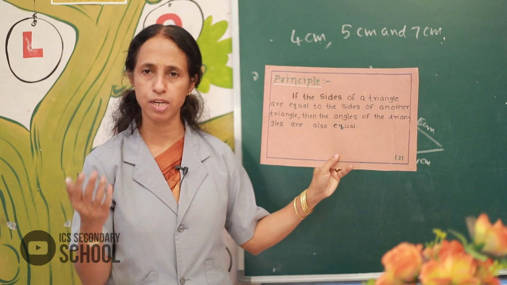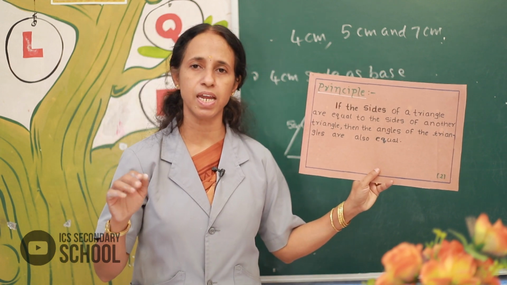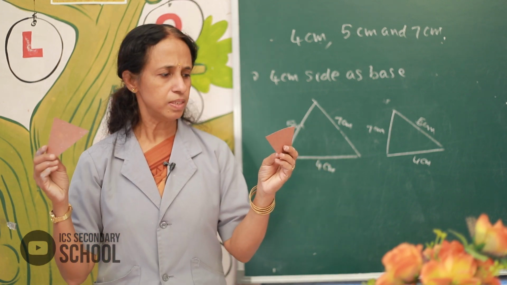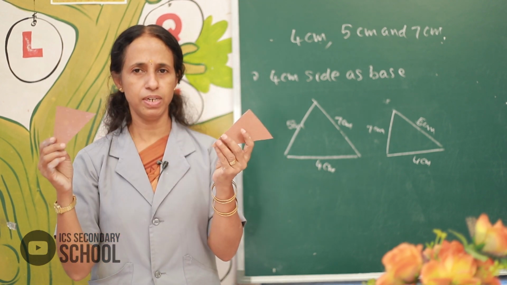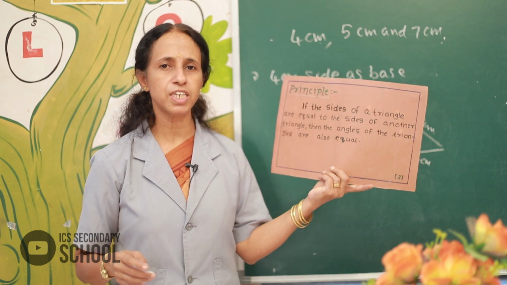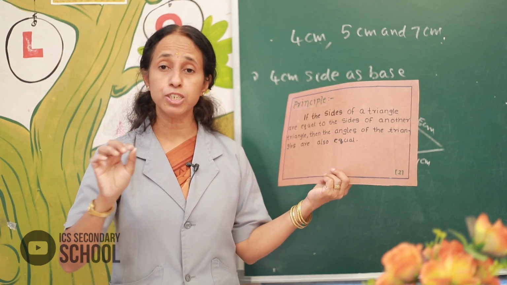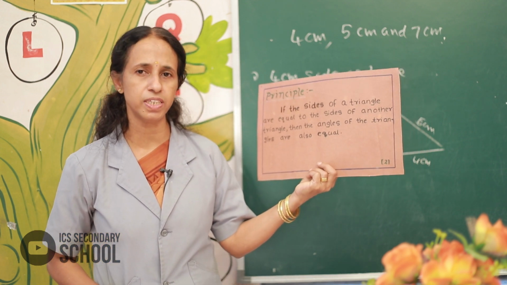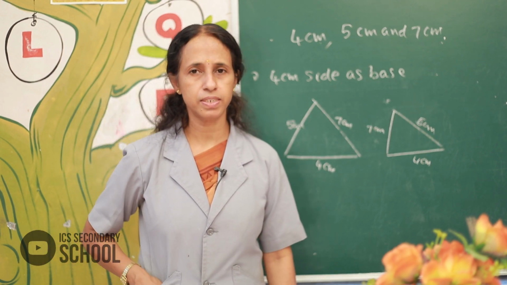Consider these two triangles. They have the same sides and the same angles, so these two triangles are congruent. So we have got a general principle: if three sides of a triangle are equal to three sides of another triangle, then the angles of these triangles are also equal.